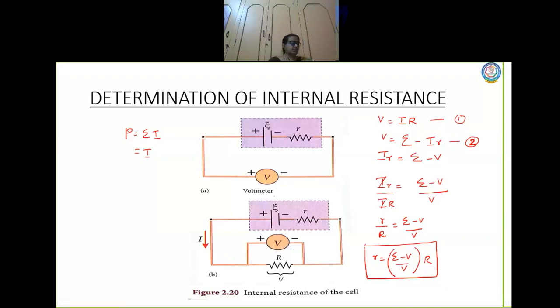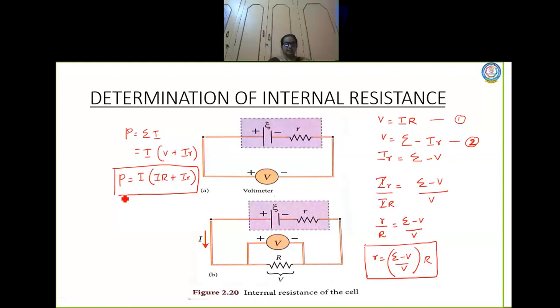So when I substitute, the power is equal to I into, instead of psi, V plus I into r. Is it clear? Now again I substitute for V, which is I into R, so P is equal to I into (I into R plus I into small r). So this is the formula for power.